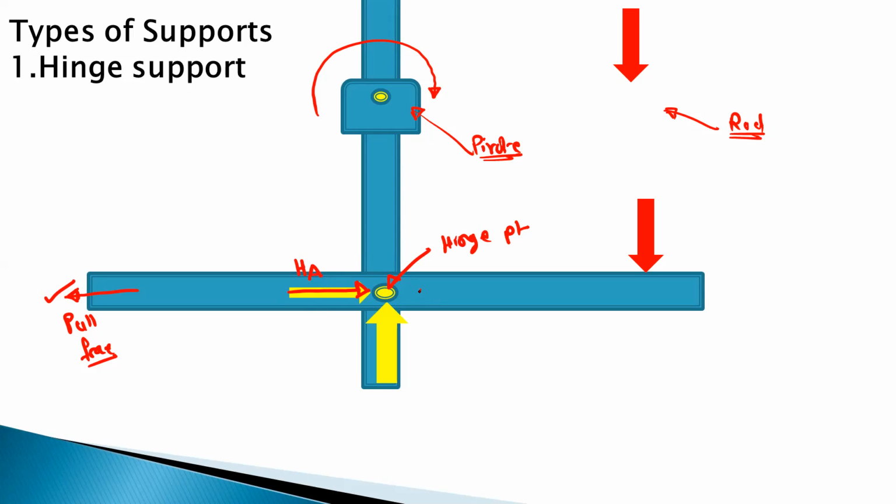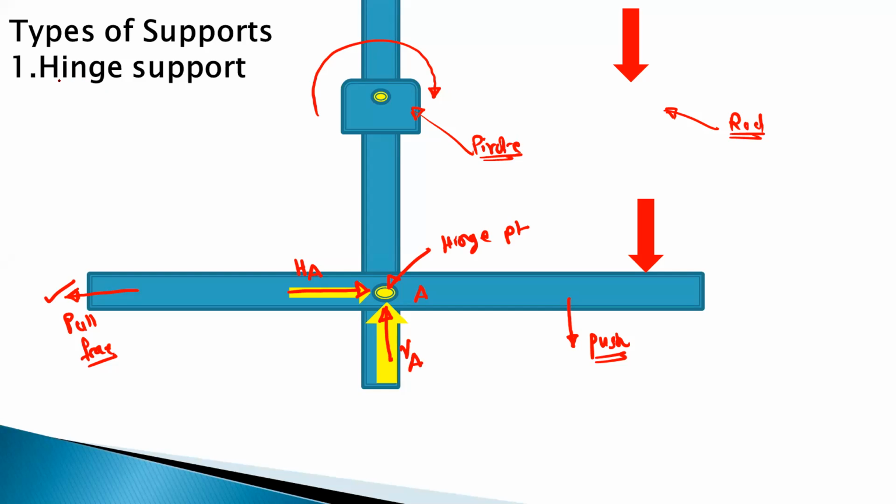Okay, suppose this point is A, and suppose we try to push this object in the downward direction. Then this support point will offer the opposite reaction in the upward direction, opposite to the applied push force. This reaction is called VA.